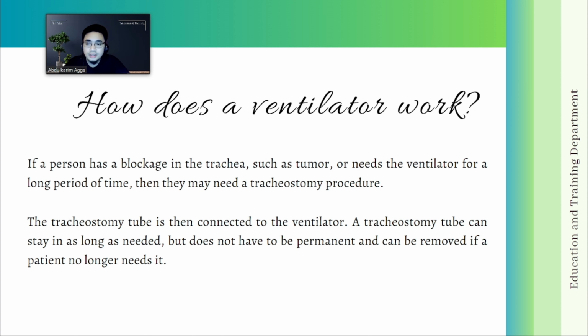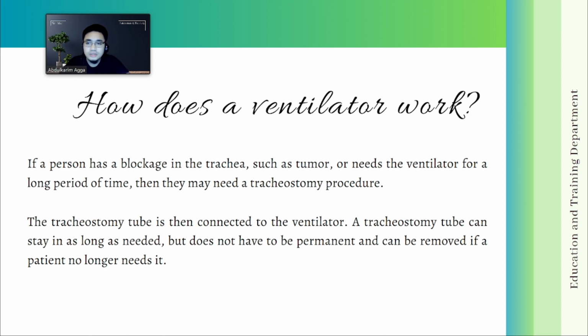If a person has a blockage in the trachea, such as a tumor, or needs a ventilator for a long period of time, then the patient needs a tracheostomy. The tracheostomy tube is then connected to the ventilator. A tracheostomy tube can stay in as long as needed, but does not have to be permanent and can be removed if a patient no longer needs it.